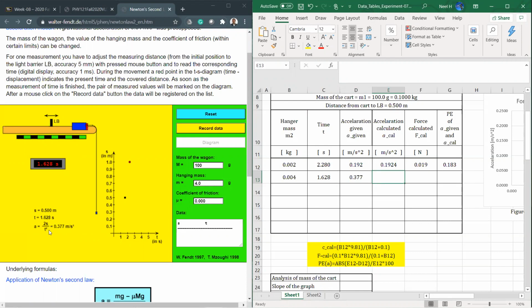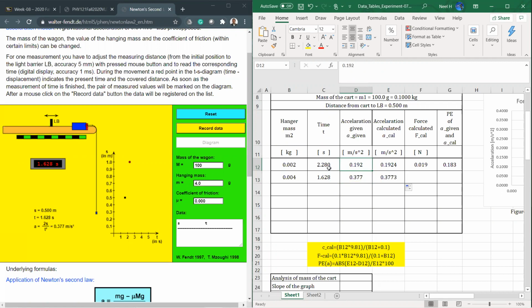The simulator is actually doing this calculation, 2s over t squared, for the acceleration. You can click and drag the previous cell numbers from E to L and it will do it automatically. Let's check whether the calculation done by the simulator uses this formula.